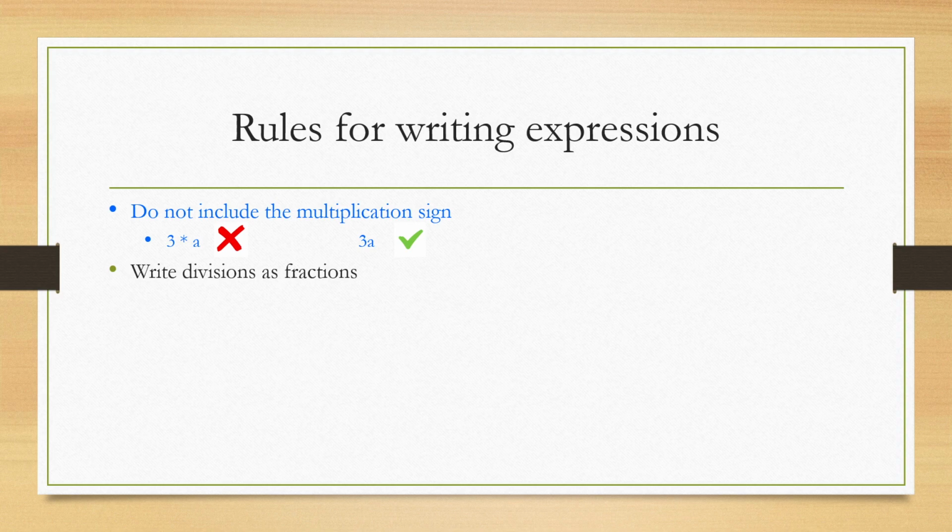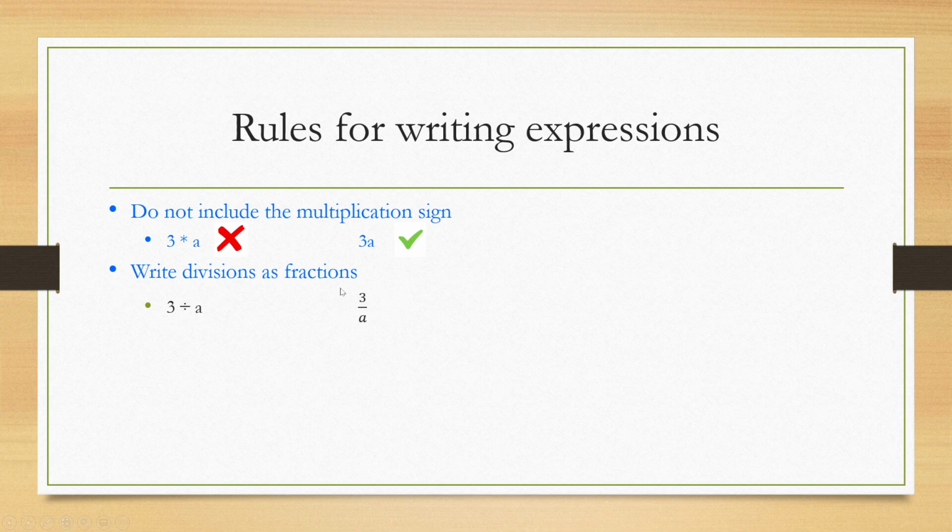And write divisions as fractions. If you write 3 divided by a, that's wrong, and you need to write 3 over a. They're both the same thing, but when you write 3, the dividing sign, and then a, it's sometimes much harder to see, and it might cause a lot of errors because you might have missed it and thought it was a subtracting sign.